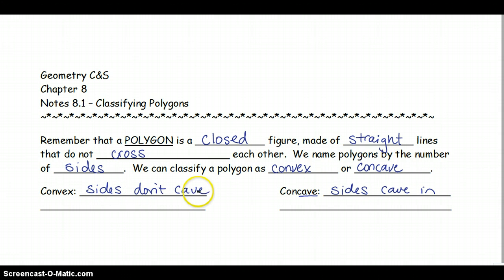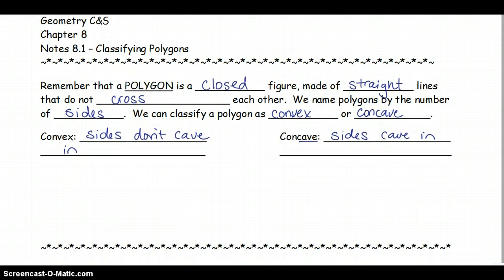I'll draw one in. So concave would be something like this shape here, where it caves inward. That's a concave shape. Convex doesn't cave in, so something like this where nothing's caving in, that's convex. So that's the difference between convex and concave.